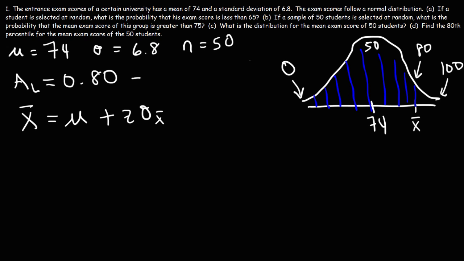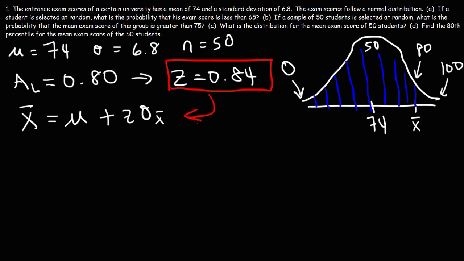So using the positive z-score table, an area of 0.8 corresponds to a z-score of 0.84. The actual area is like 0.79955, but that's the closest we can get to 0.8. So this is our z value, and we're going to plug it into this equation.